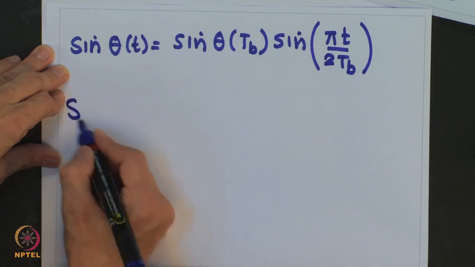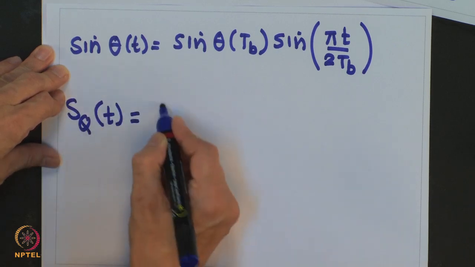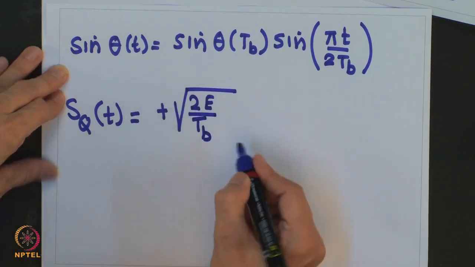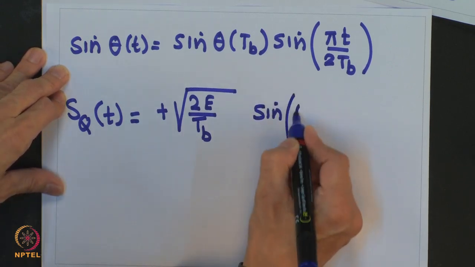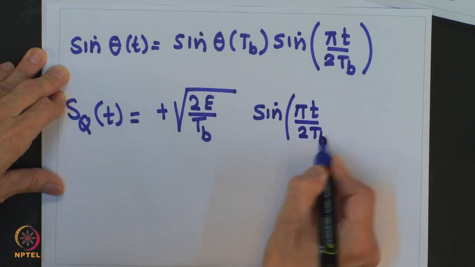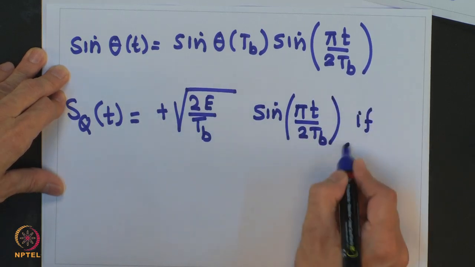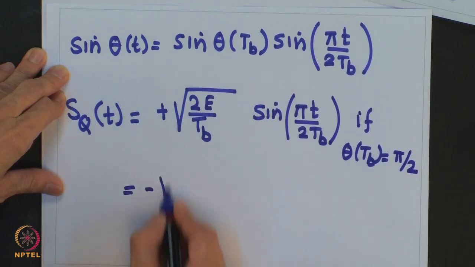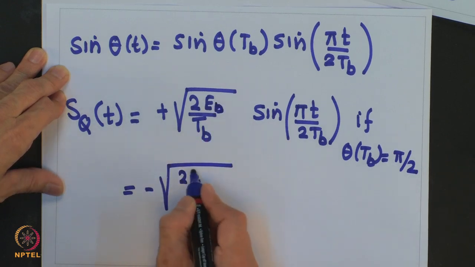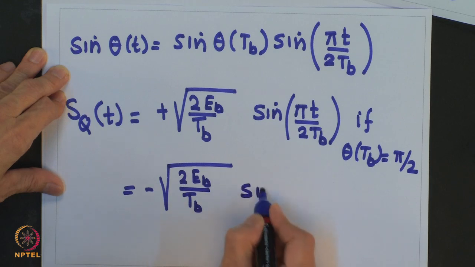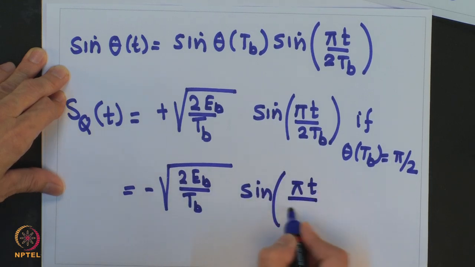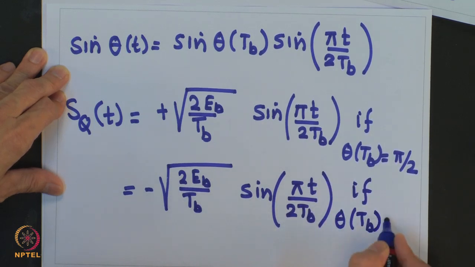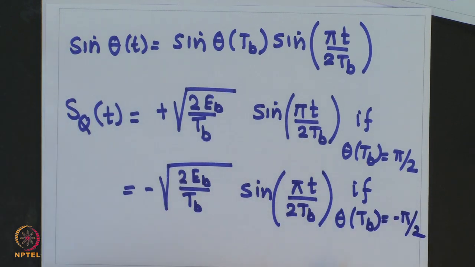So, your s Q of t now is going to be either plus root 2 Eb by Tb sine of pi t by 2 Tb, if theta Tb is equal to pi by 2, and this would be equal to minus root 2 Eb by Tb sine pi t by 2 Tb if theta Tb is equal to minus pi by 2.